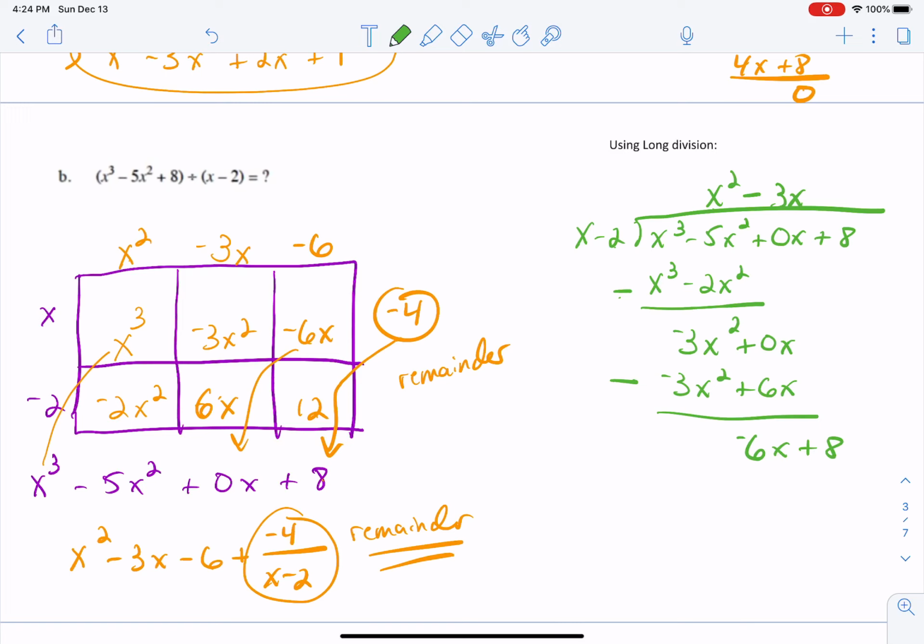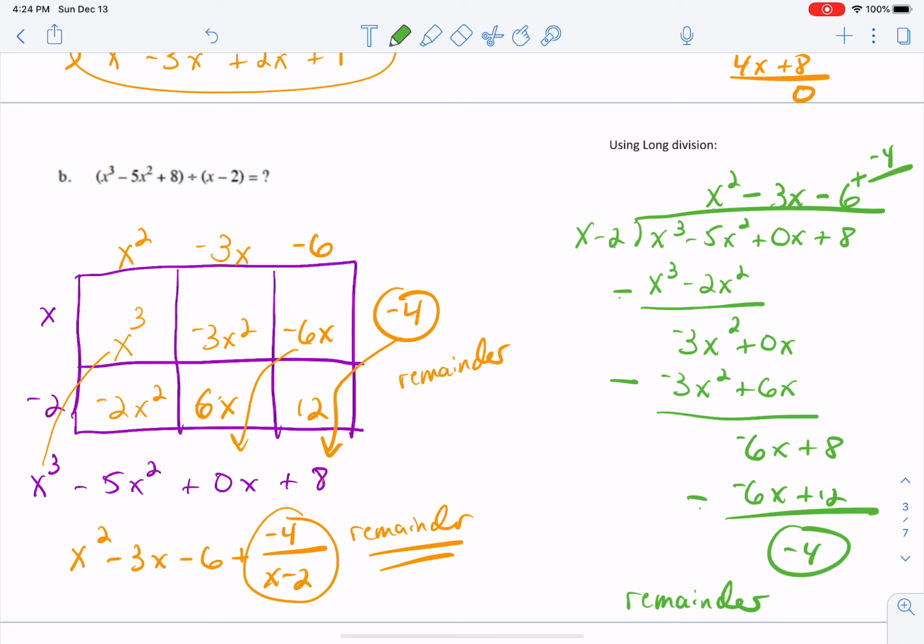Bring down the plus 8. So I have a negative 6x plus 12. 8 minus 12 is a negative 4. So I have the exact same remainder. So plus a negative 4 over x minus 2.